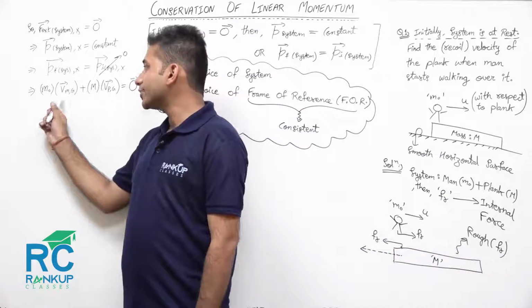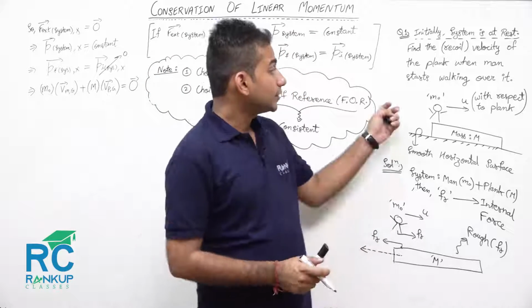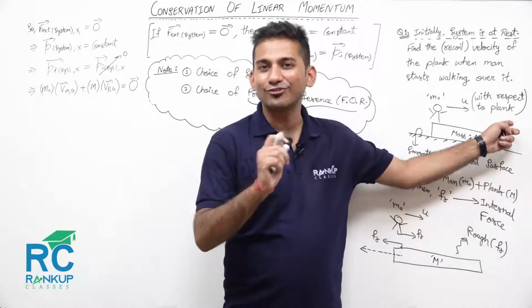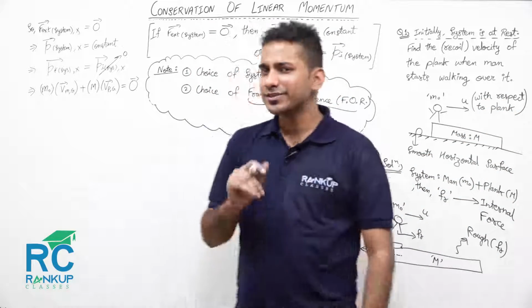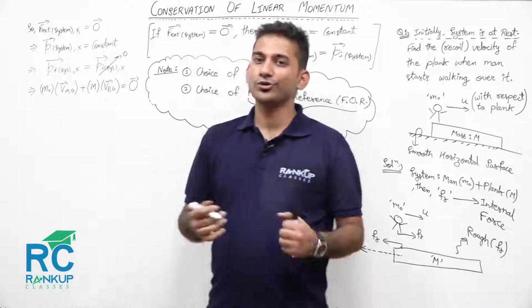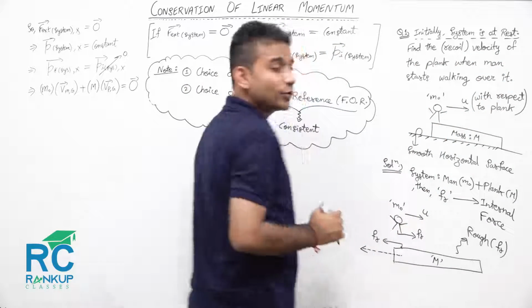Do we know the velocity of man with respect to ground? No, we don't know, as the velocity of man is provided with respect to the plank and not with respect to ground. Similarly, do we know the velocity of plank with respect to ground? No, we don't know. Rather, we need to determine it, that is, the recoil velocity.